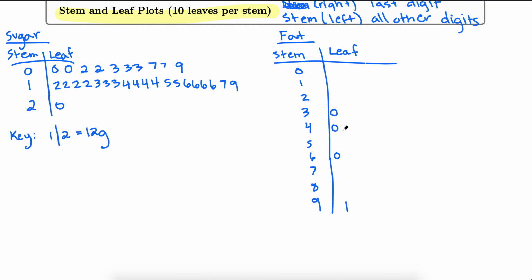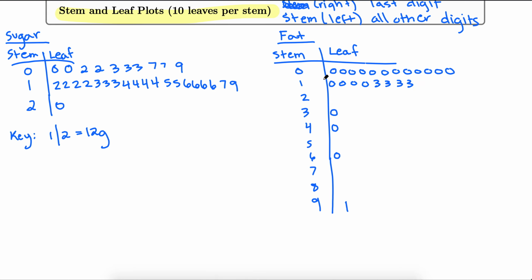So let me help you out here with the rest of this. We should have 12 of these that have no fat whatsoever, so 12 zeros in this first row. Then we have 4 with 1 gram of fat, and 4 with 1.3 grams of fat.